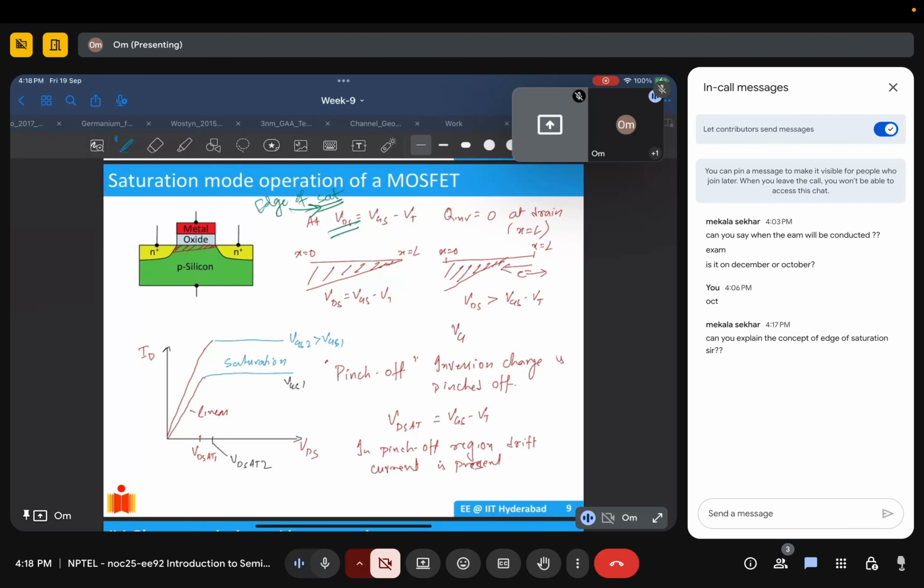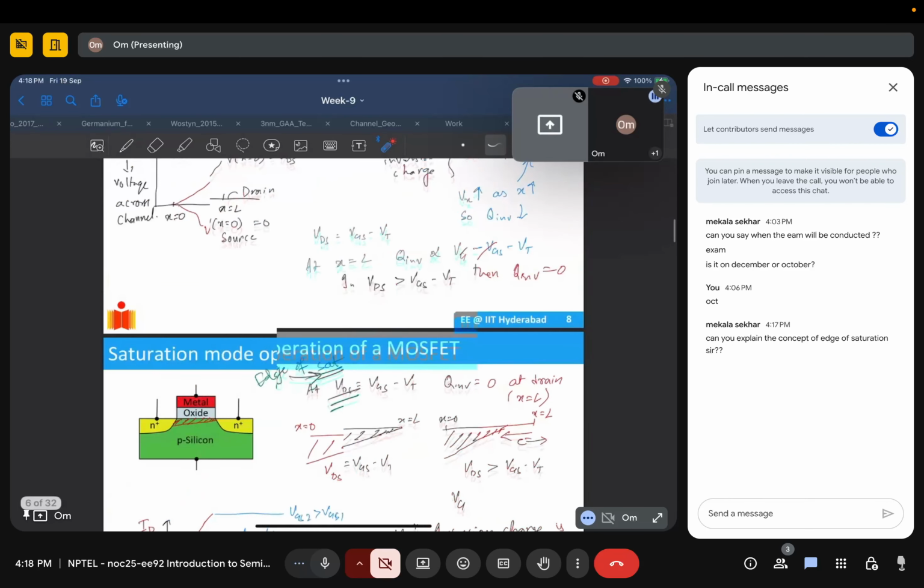What happens here is, at this particular voltage, your channel tapers like this. At the drain end, when you have applied VGS minus VT, the charge in the channel becomes zero.